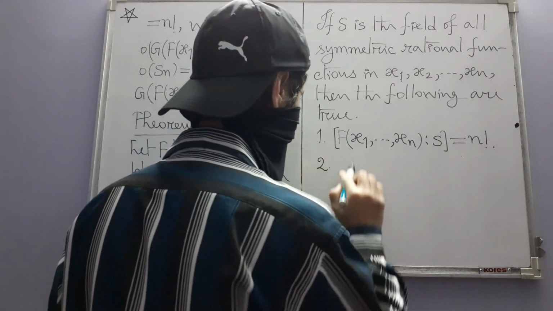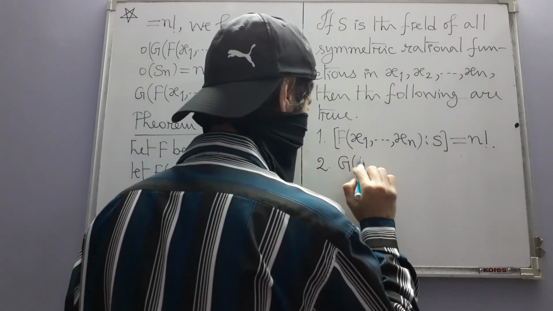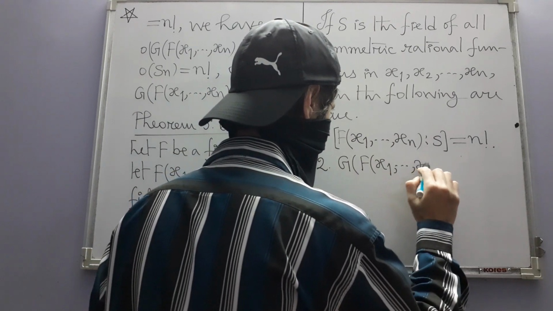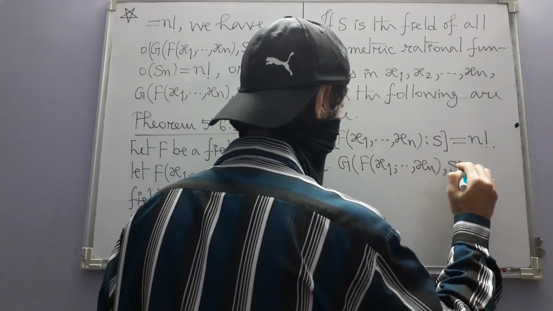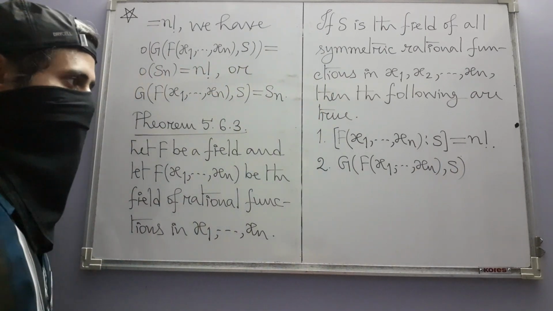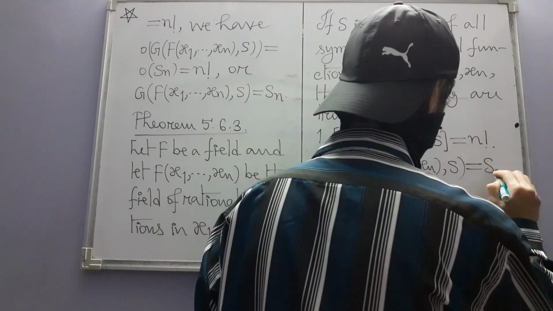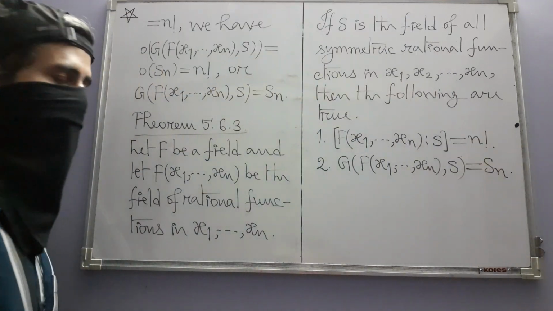Number 2. The group of automorphisms of our field of rational functions relative to the field of symmetric rational functions is the symmetric group of degree n, Sn.